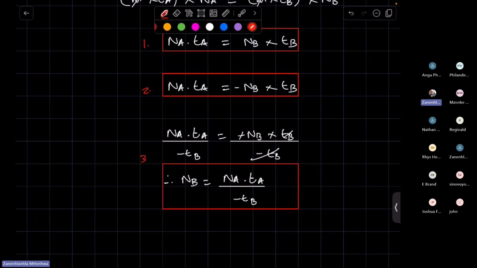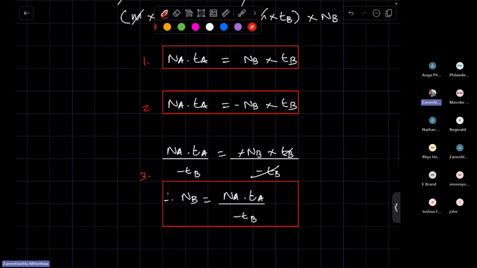So first step is establish the relationship between the two meshing gears. Second, establish the direction of rotation. Third, solve for what you're looking for. Three very easy steps. Are we clear?